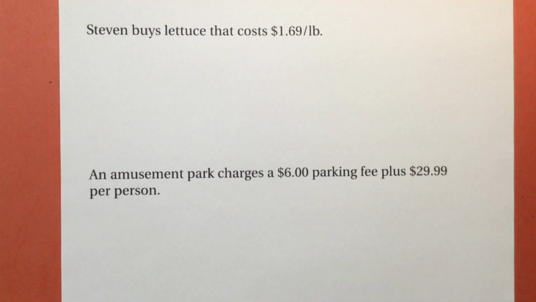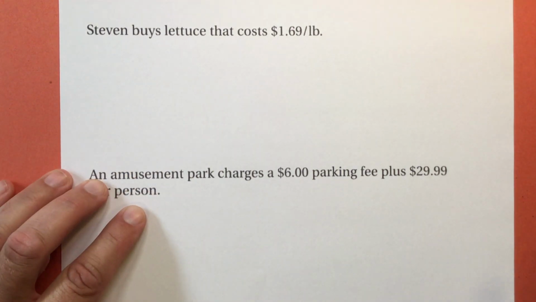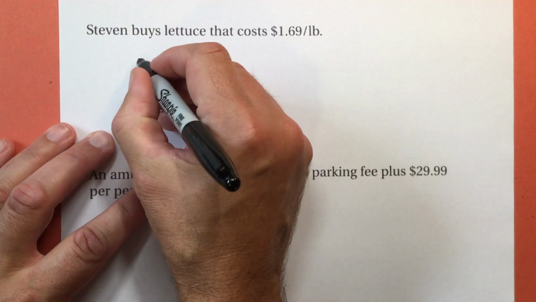What are the 2 things that are being measured here? First of all, you have to measure how much lettuce Stephen is going to buy. Since it's per pound, it's the weight of the lettuce.